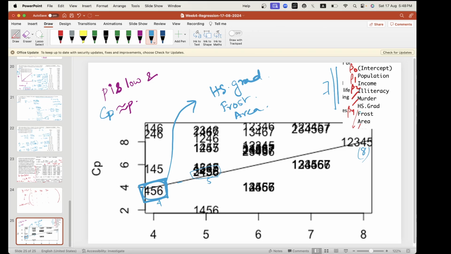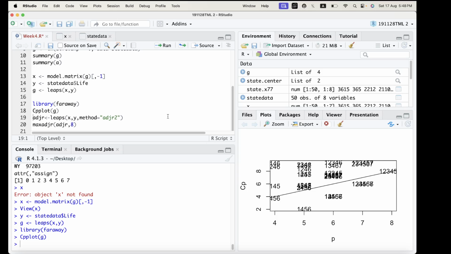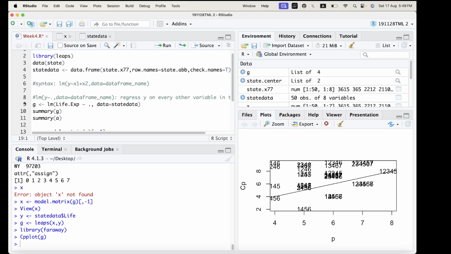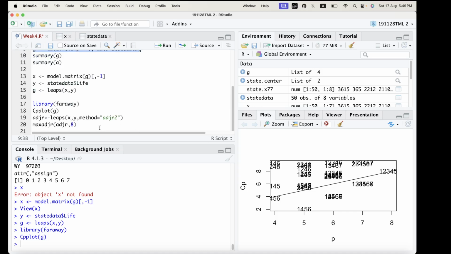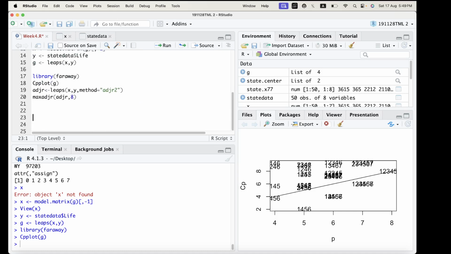All right, so then we can go ahead and just fit that modified model and see how the adjusted R square is changing.